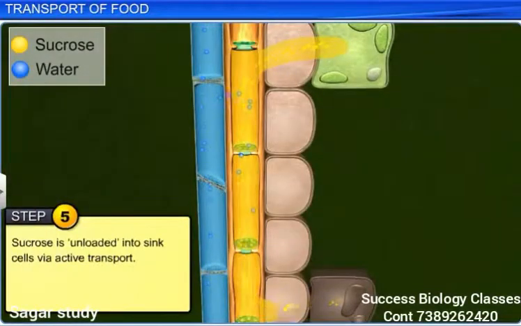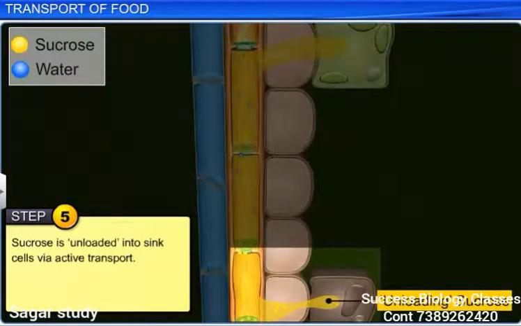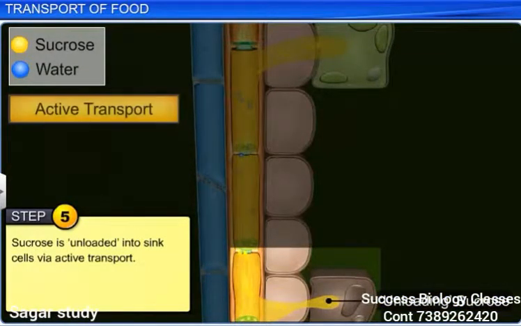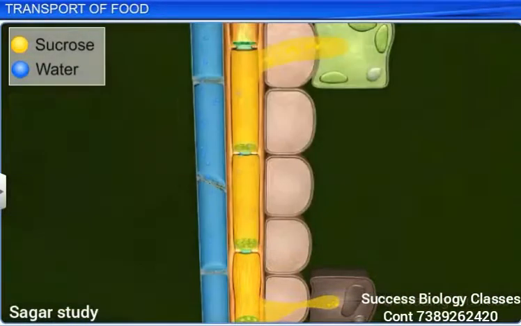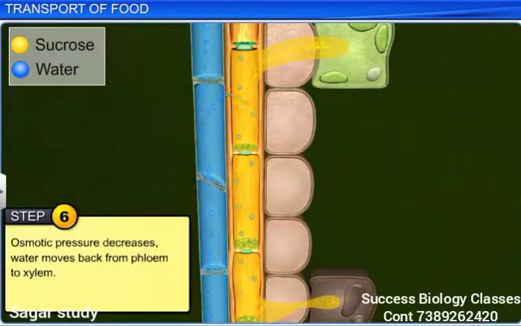This is followed by the sucrose from the phloem sap unloading into the sink cells via active transport. The loss of sucrose produces a high water potential in phloem. This results in decreased osmotic pressure, which causes water to move out of the phloem cells and back into the xylem cells.